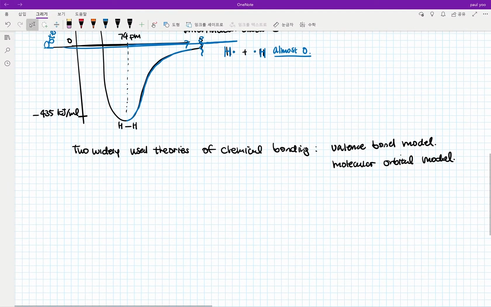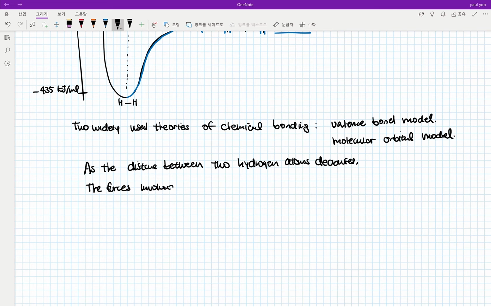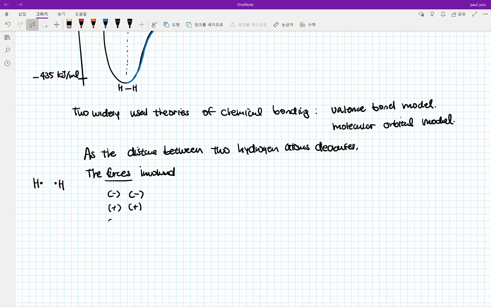So, as the distance between two hydrogens decreases, the forces involved increase. These forces are the negative-negative repulsion between the two electrons from the hydrogens, the positive-positive repulsion between the nuclei of the two hydrogens, and also the negative-positive attractions between the electrons and nuclei.